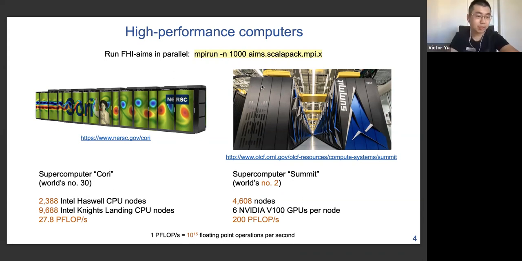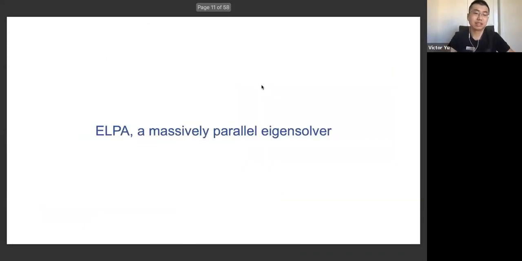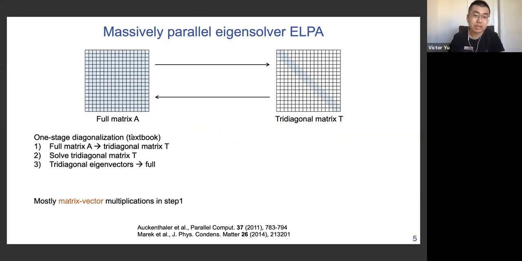Knowing how supercomputers work, let's see the massively parallel eigensolver ELPA, which is, by the way, the default method to solve the Kohn-Sham eigenvalue problem in FHI-aims. ELPA has 2 algorithms to solve a dense eigenvalue problem.